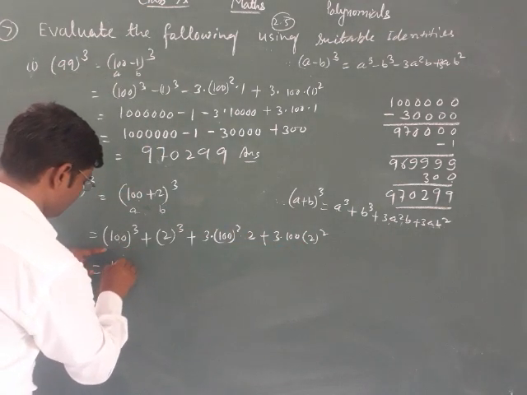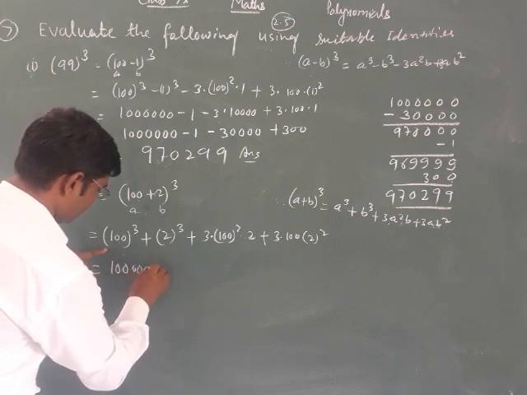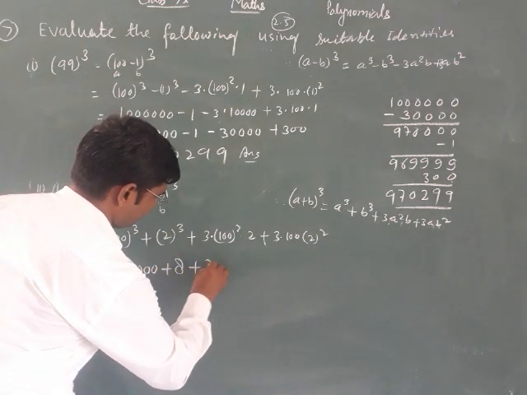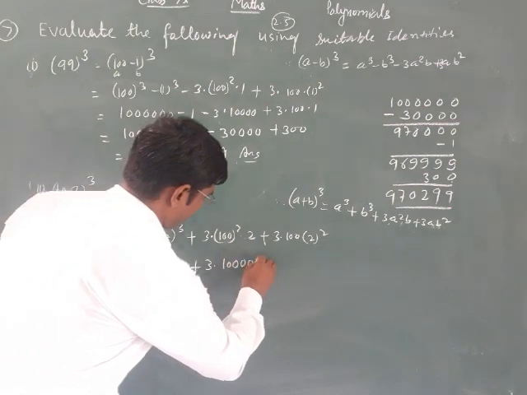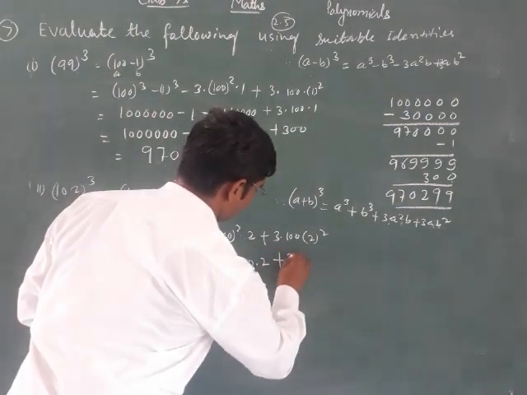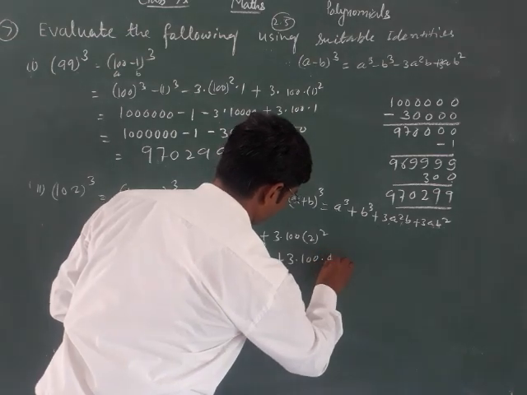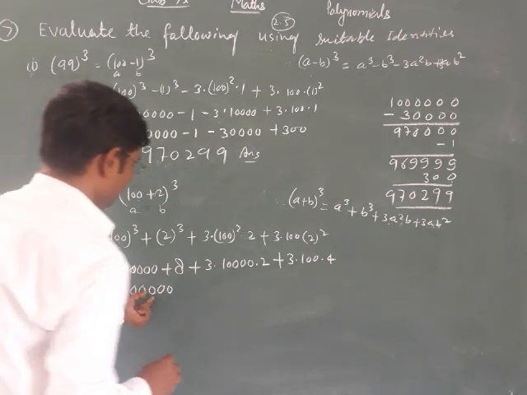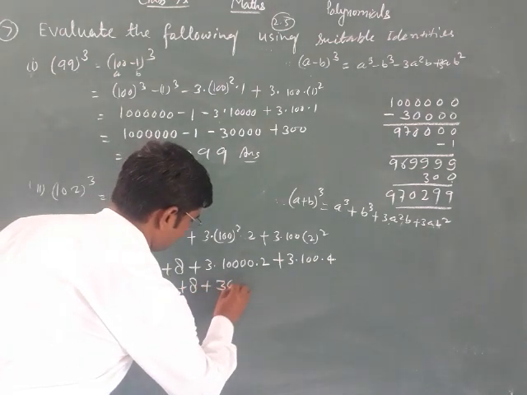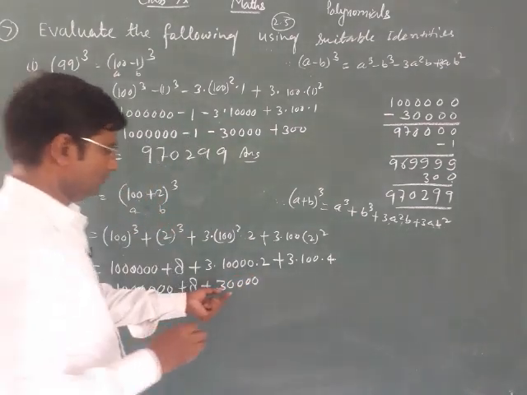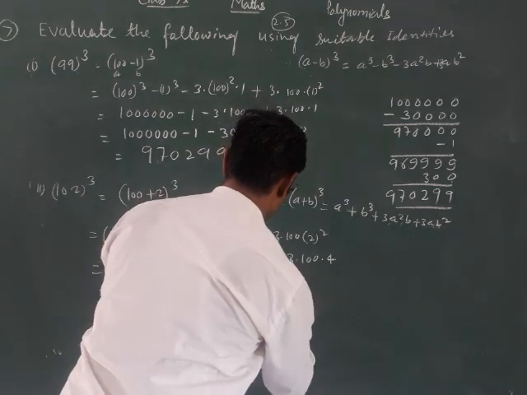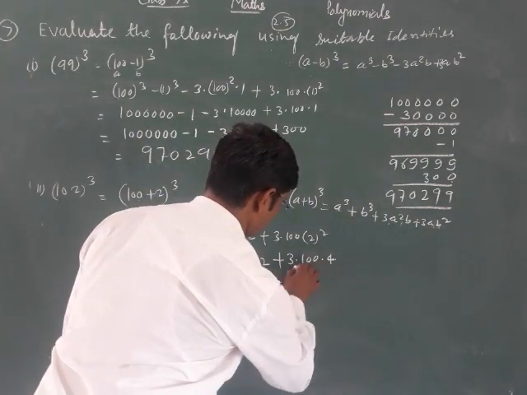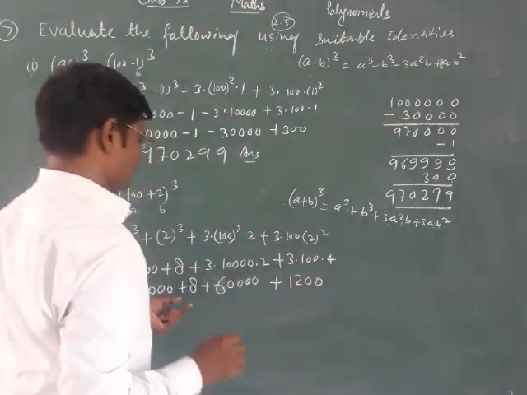And also we can write 100 cube as 1,000,000, plus 8, plus 3 into 10,000 into 2, plus 3 into 100 into 4. So 1,000,000 plus 8 plus 60,000 plus 1,200.